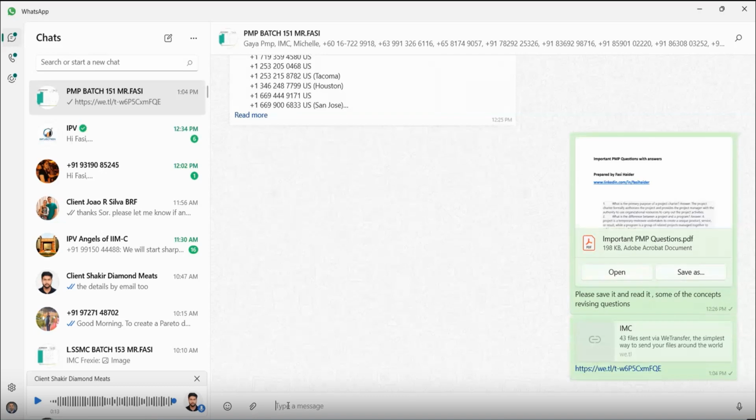Not just WhatsApp, even in this chat. There are 2 links, sir. No, same only, brother. Actually, I did it by mistake 2 times. Okay.